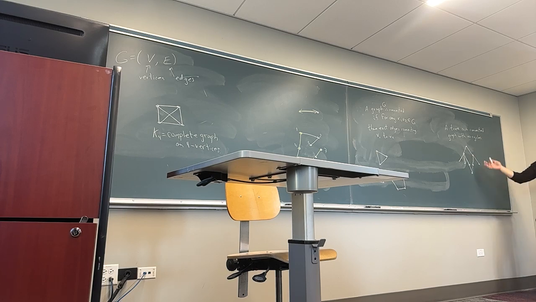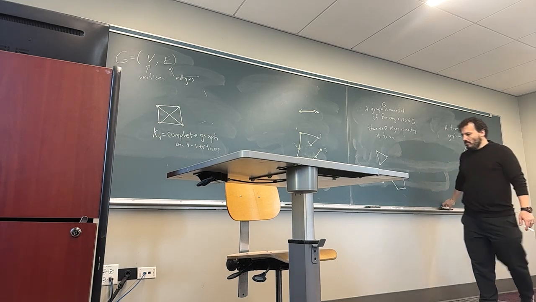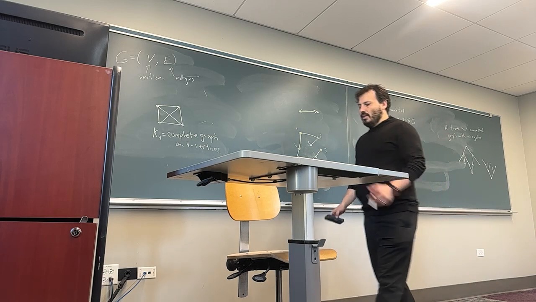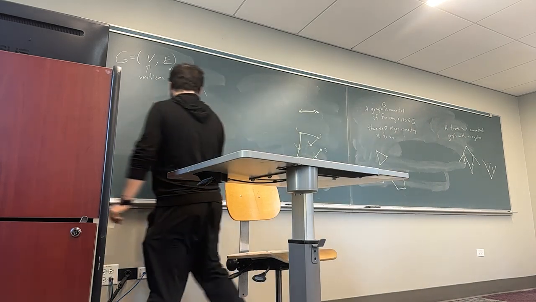Okay, so that's an example of a tree. They look more like trees if you put the root at the bottom. Looks a bit more like a tree. So connected graphs with no cycles are trees.